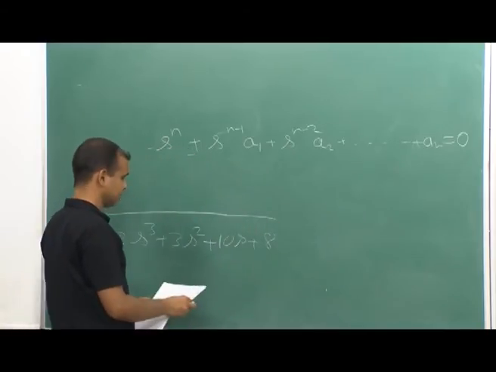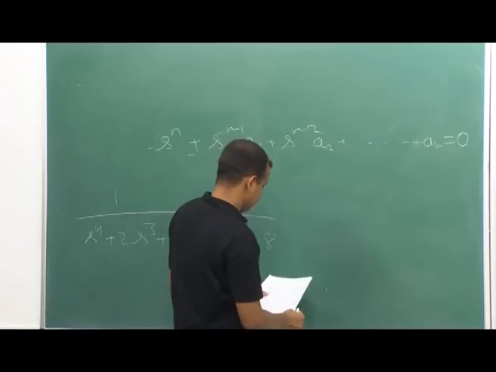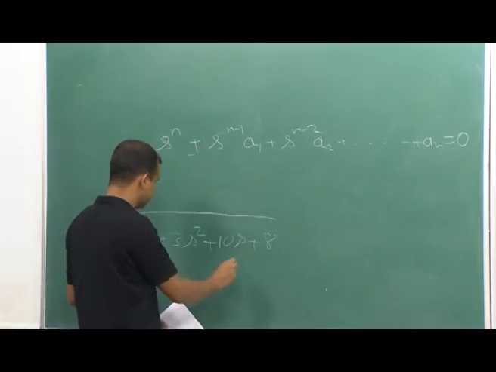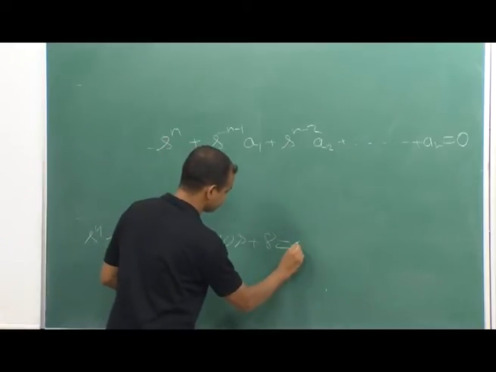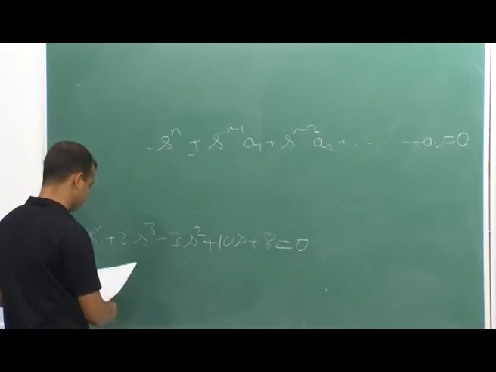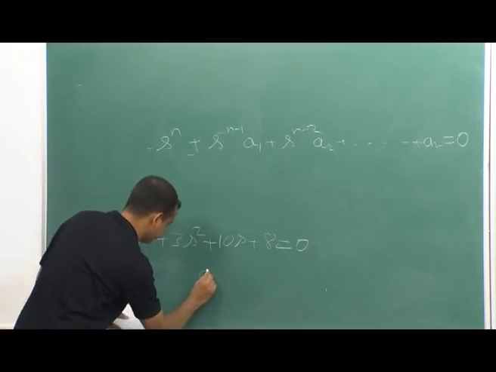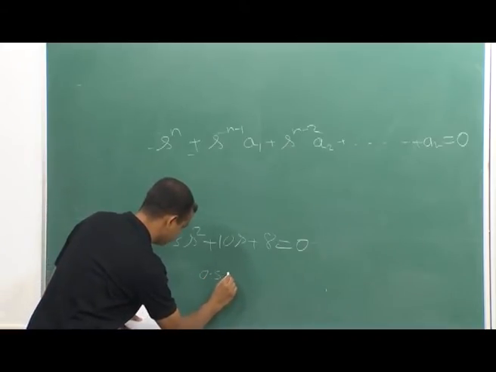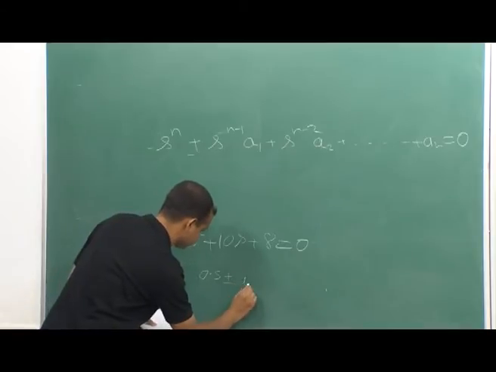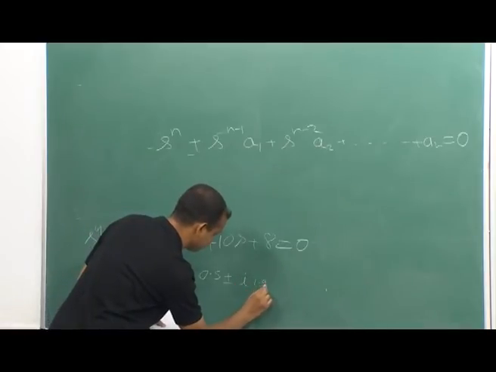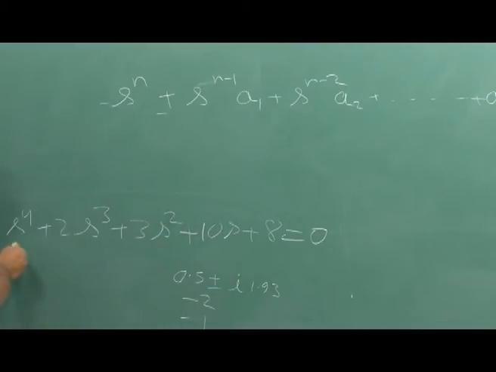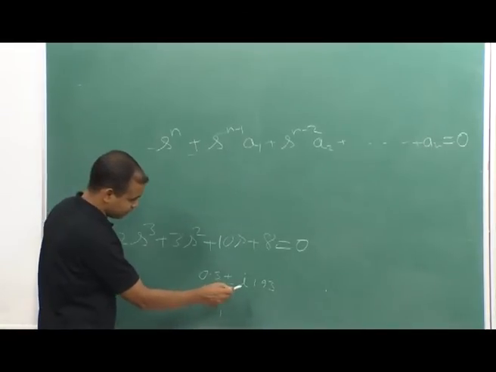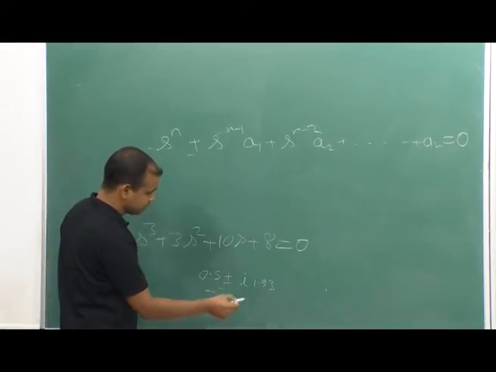In this case, the roots of this characteristic equation are 0.5 plus minus j 1.93, minus 2 and minus 1. Here all my coefficients are positive, still I have this pair which is in the right half of the s plane.